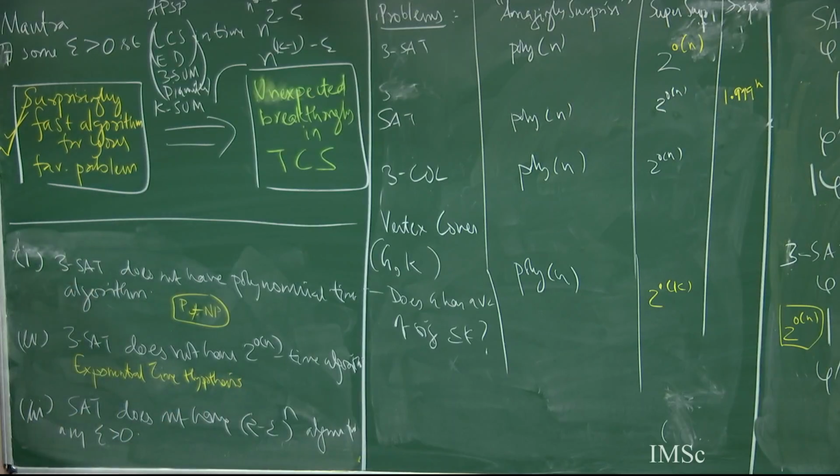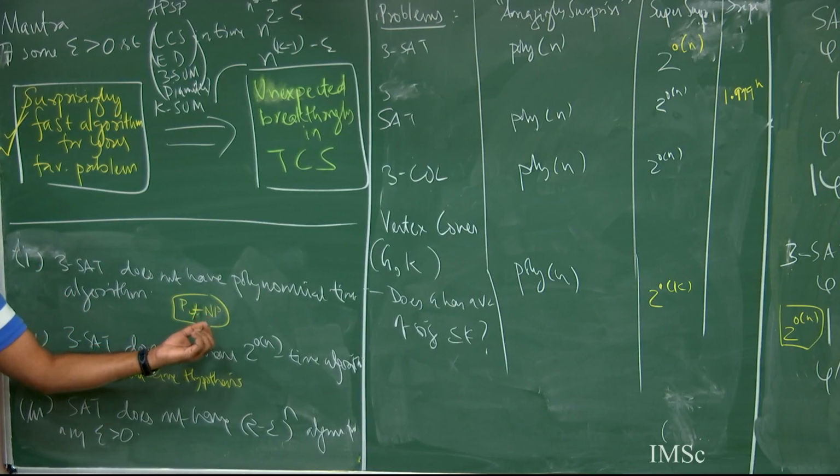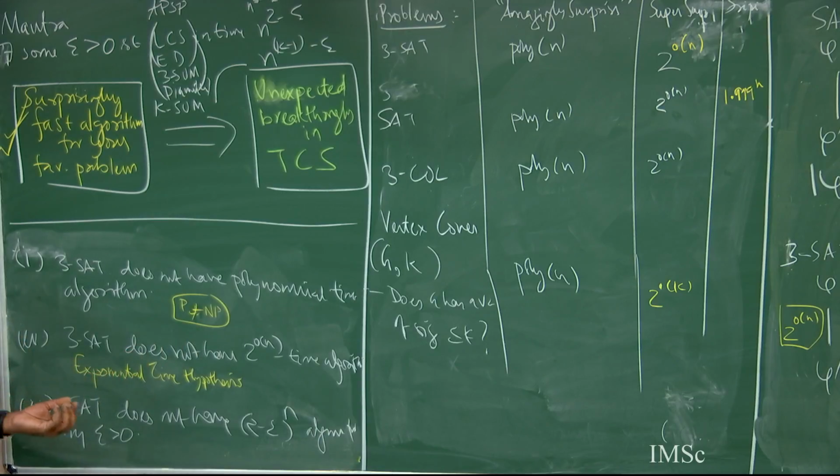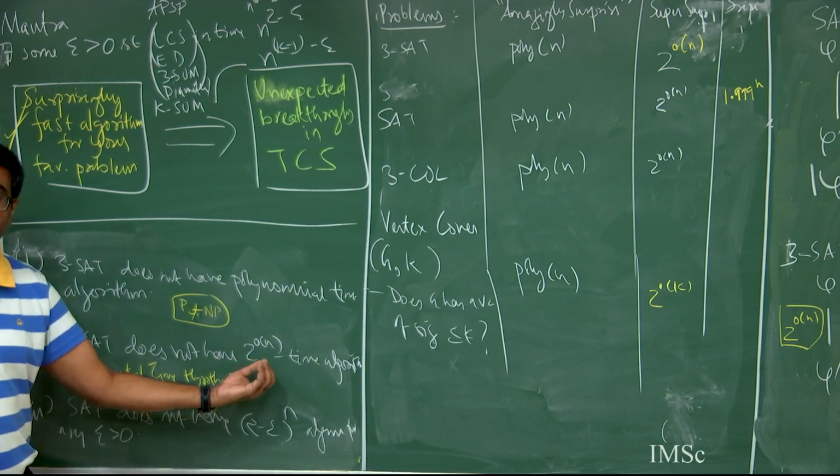If you notice, this is the weakest conjecture, meaning something much more likely to hold. Strongest means much more likely to fail. It is much more likely that P is not equal to NP than that 3 SAT does not admit a 2 to the power little o of n time algorithm.